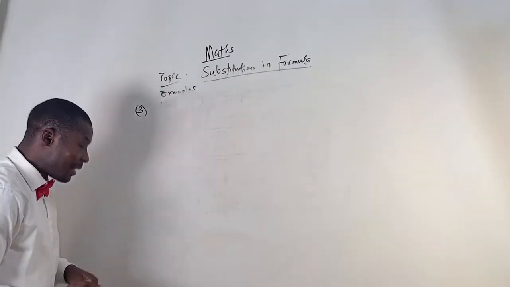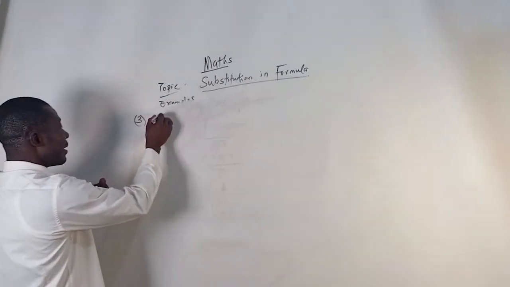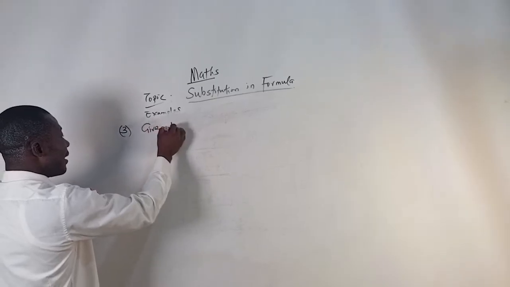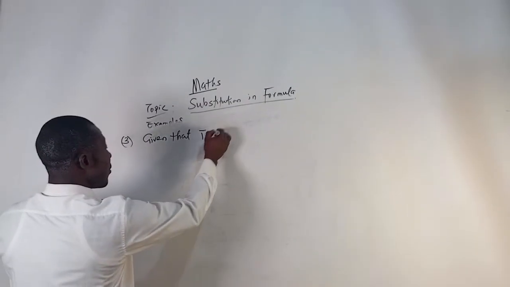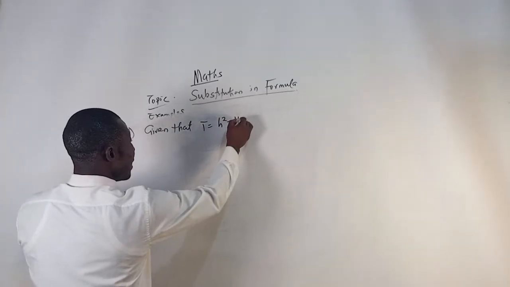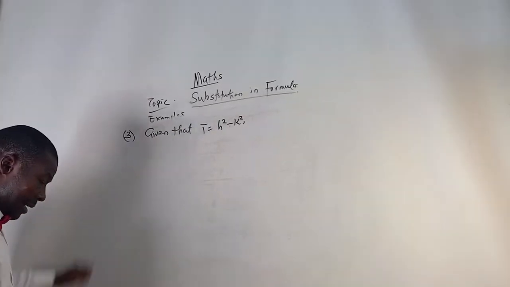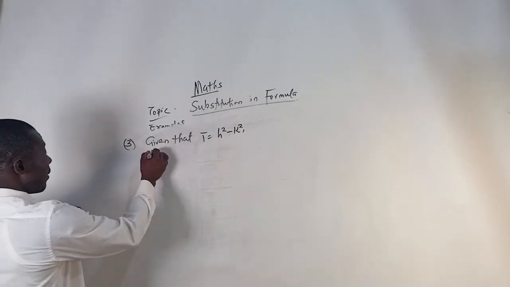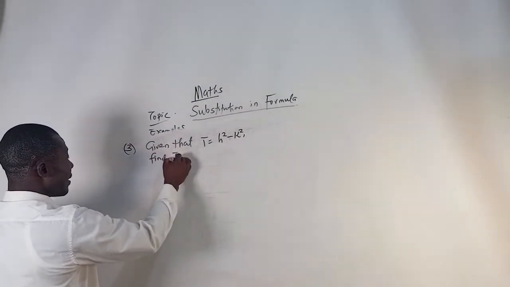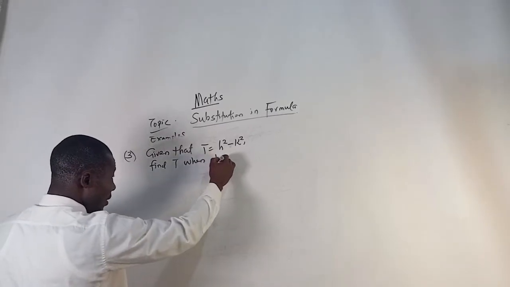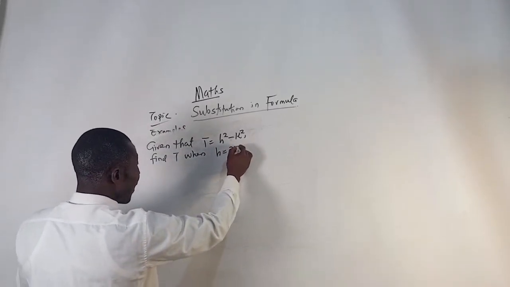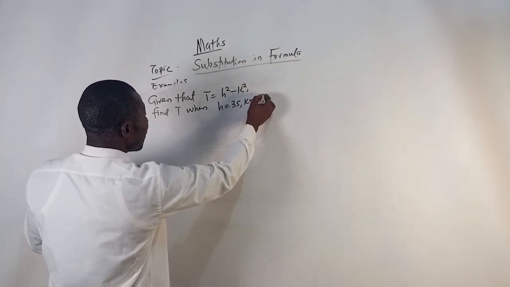Example number 3. And the question says that given that t equals x squared minus k squared, and one has to find the value of t, that is, find t when h equals 35, k equals 15.